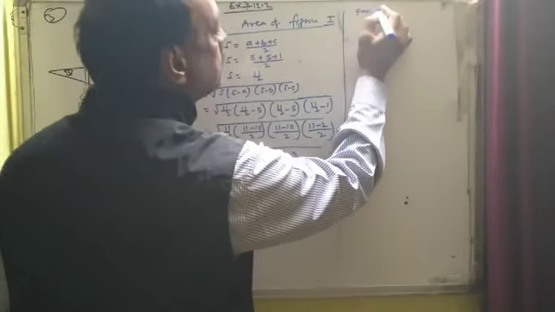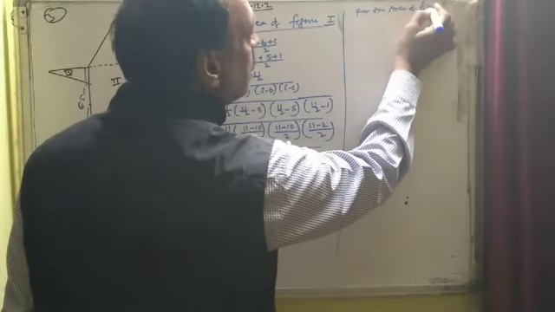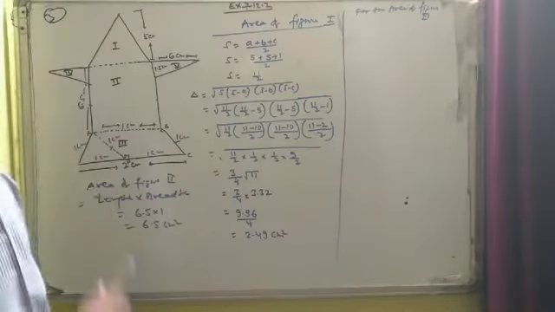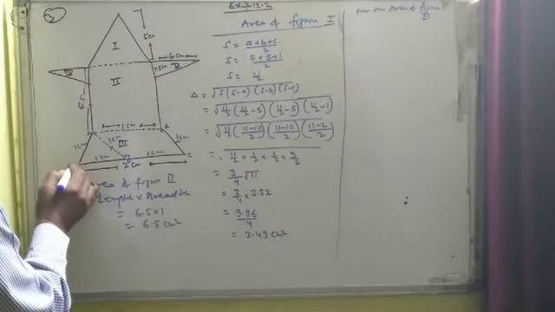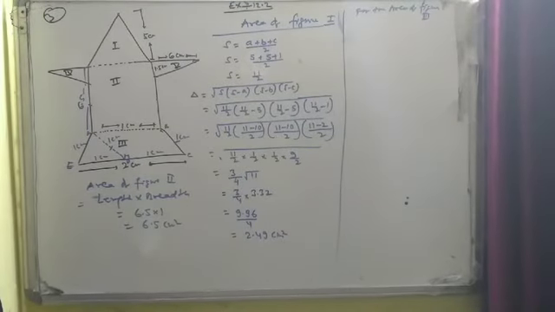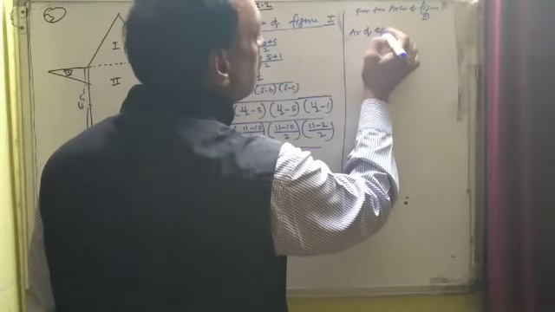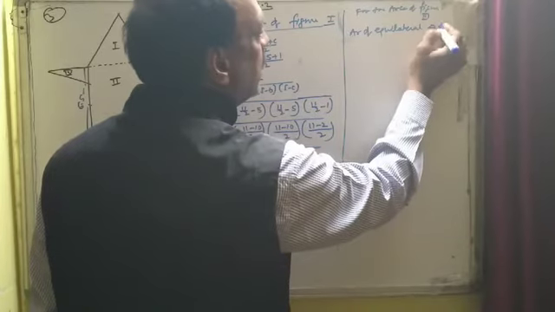So for the area of figure 3, this triangle ADE is an equilateral triangle. So we will write the area of equilateral triangle ADE.